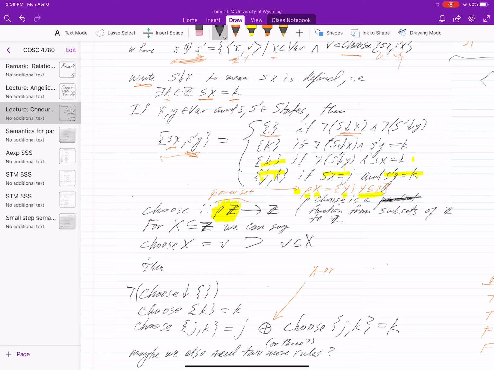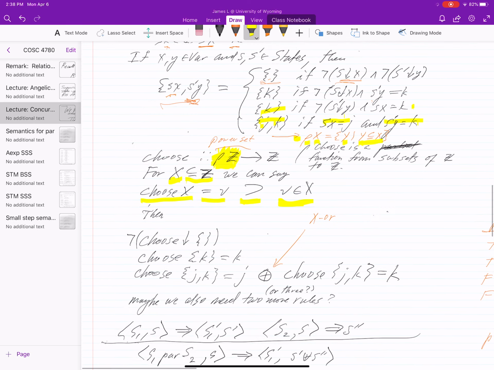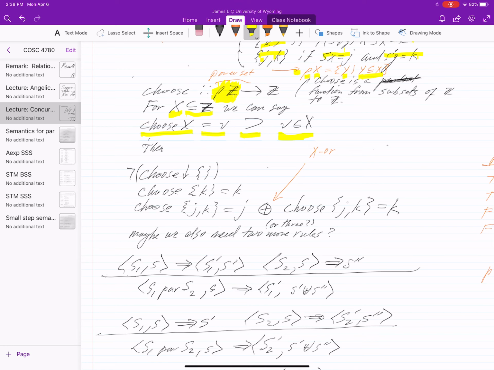So the definition says, if X is some subset of the integers and choose X is equal to V, that implies that V must be in X. So if X is empty, there's nothing in X, so choose X can't be defined if X is empty, and that's what this line says here.